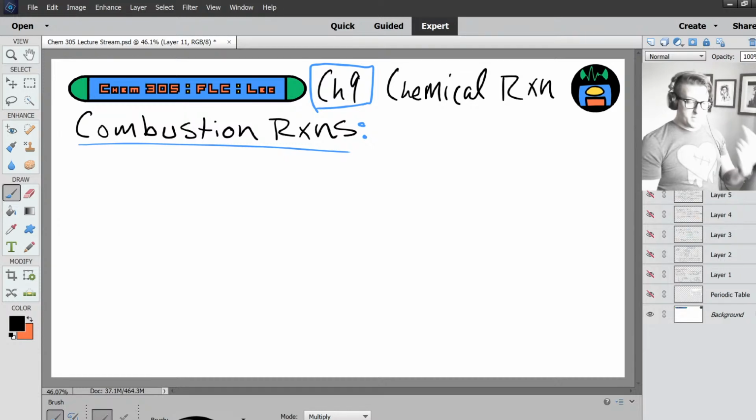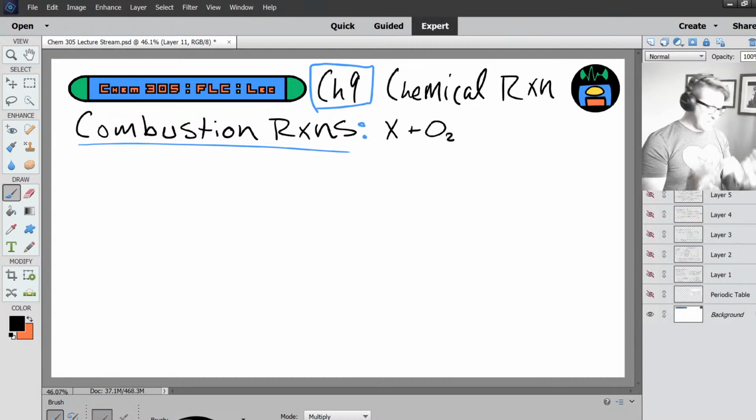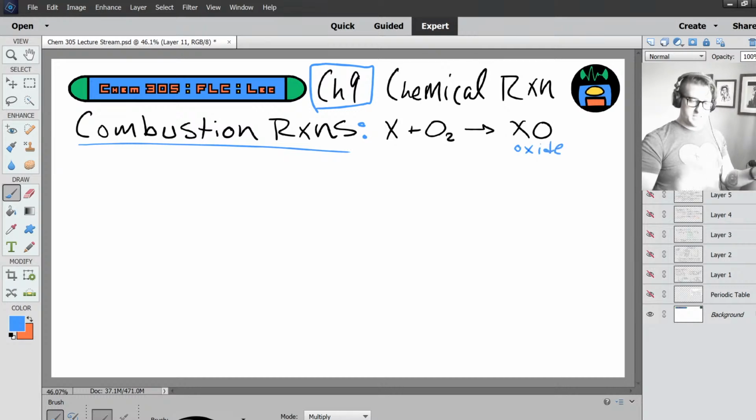And a combustion reaction is a very simple concept. You take some substance X, react it with elemental oxygen, to produce an oxide.